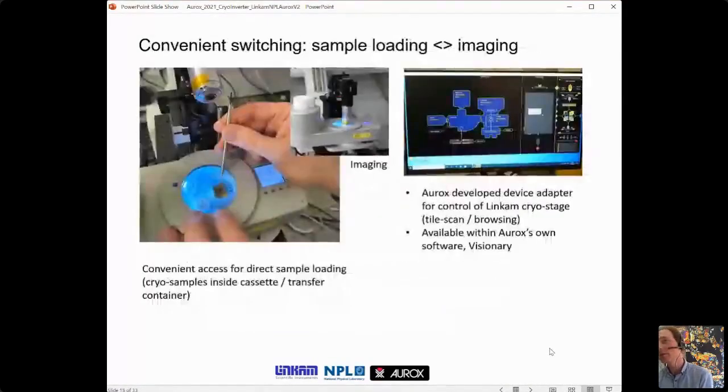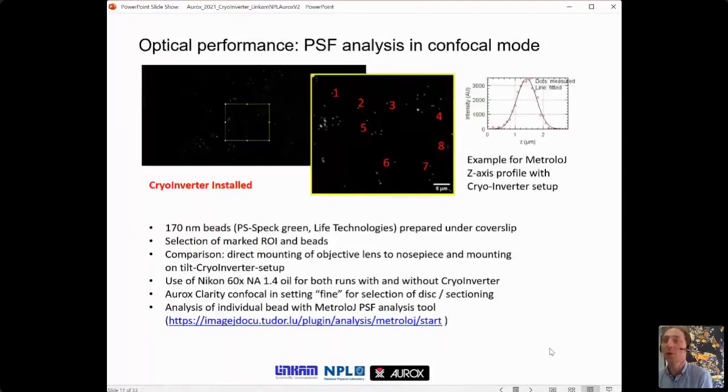After we built this, we of course wanted to know whether the optical performance is compromised, and we wanted to measure and verify. To do that, we did two comparison runs.